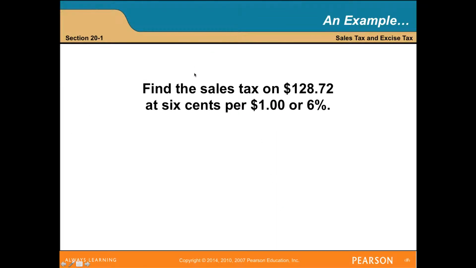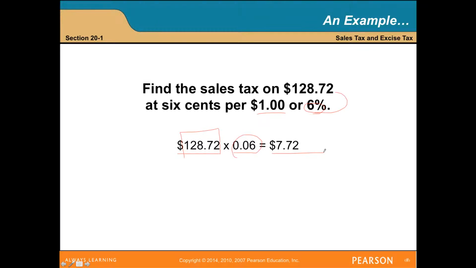As an example, find the sales tax on $128.72 at 6 cents per $1 or at 6%. And this is how you do it. You go $128.72 times 0.06 because you're trying to find 6% of this.